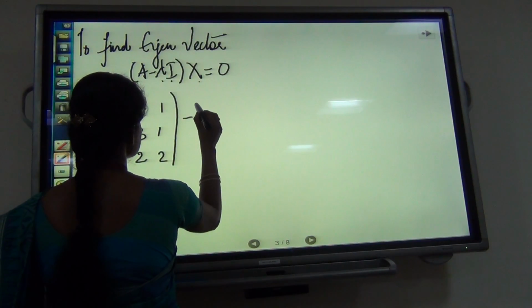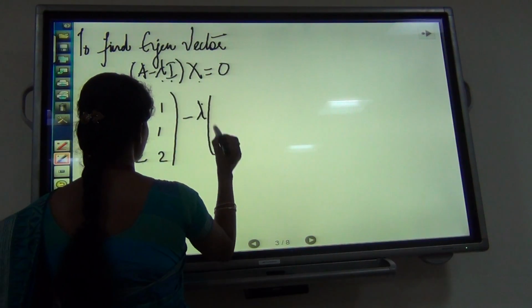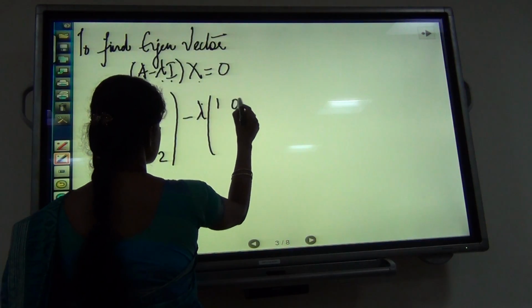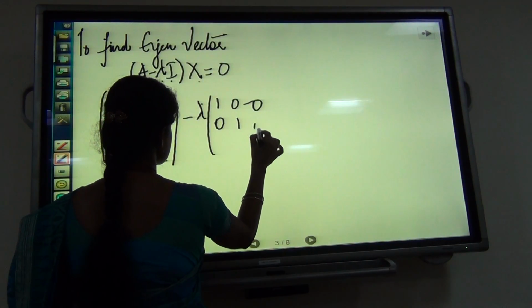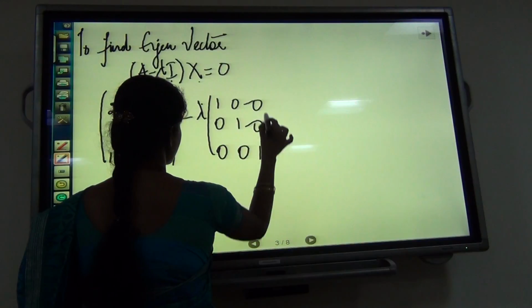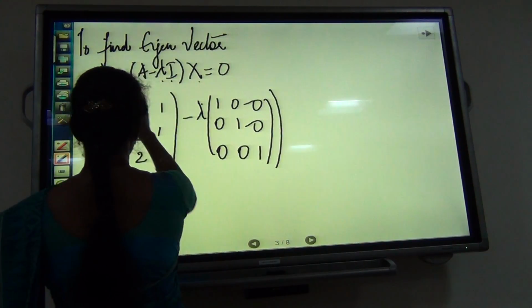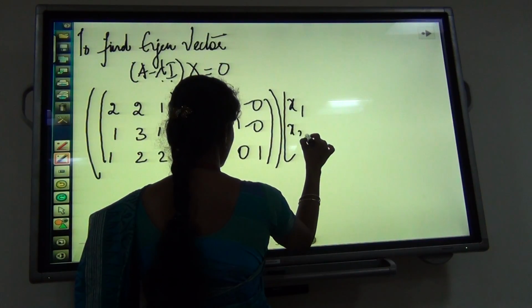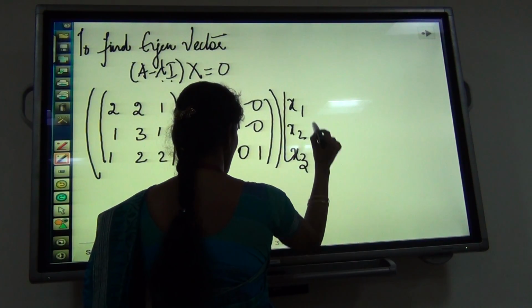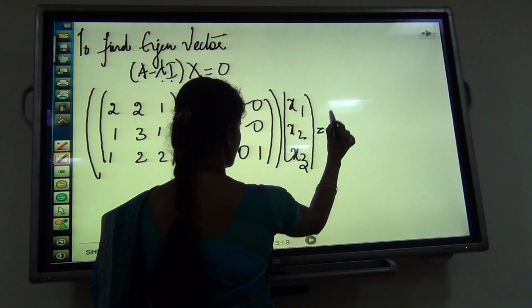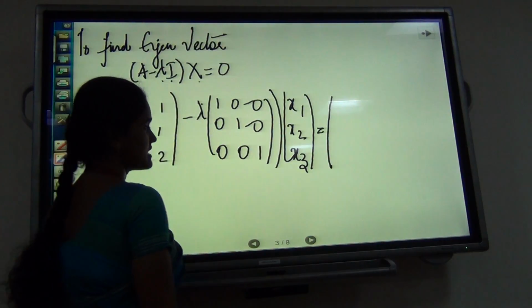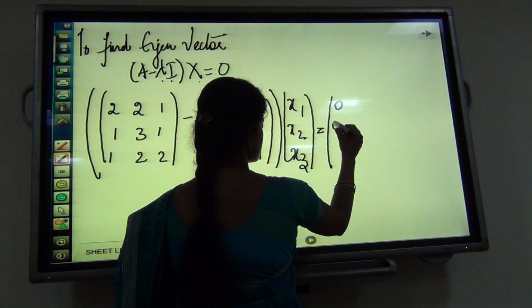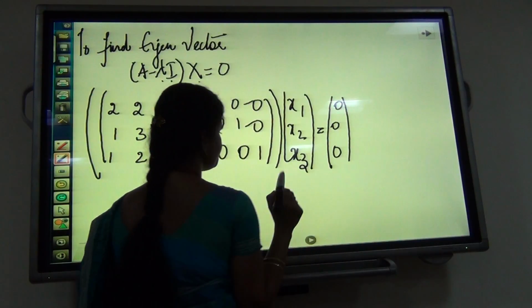Then minus lambda into the identity matrix, 1, 0, 0, 0, 1, 0, 0, 0, 1, of x. If the order of the square matrix is 3, you can have 3 entries in the column vector, x1, x2, x3. It is equal to 0, 0, 0.